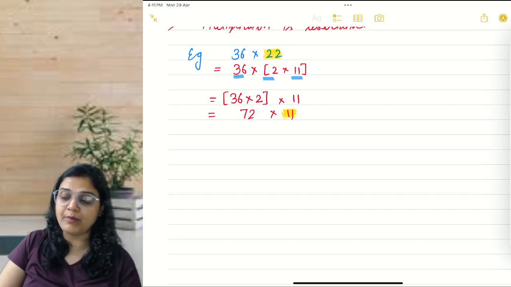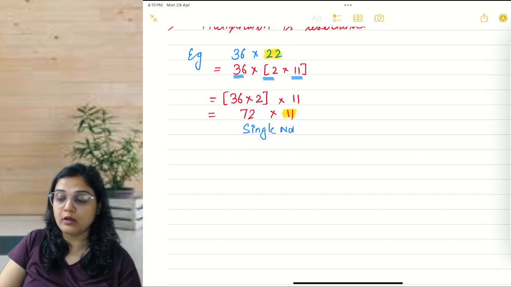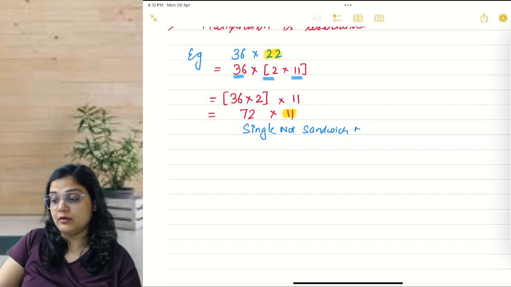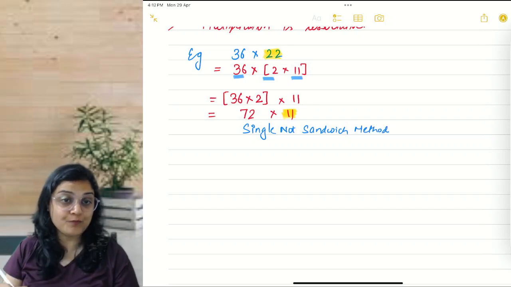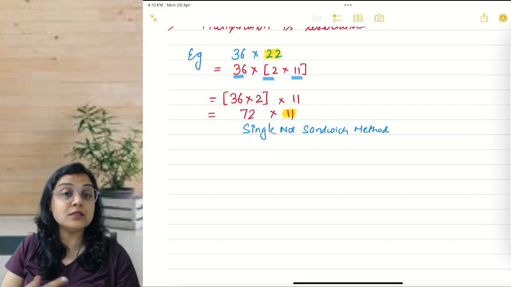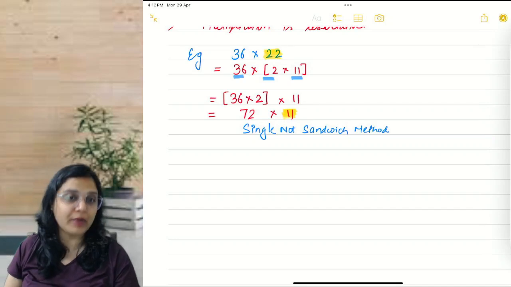So here we will apply the single knot sandwich method. Since I am explaining it to you, I am writing it for you, but you don't need to write it again and again. Instead, you can do the calculations in your brain now.